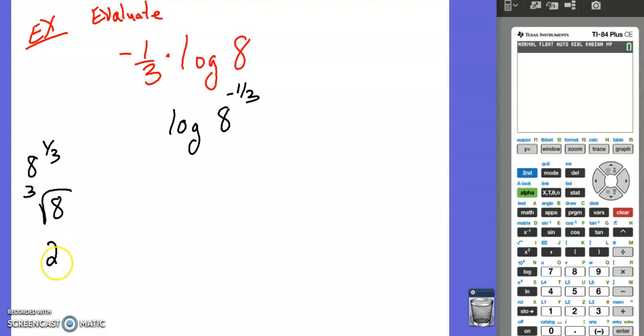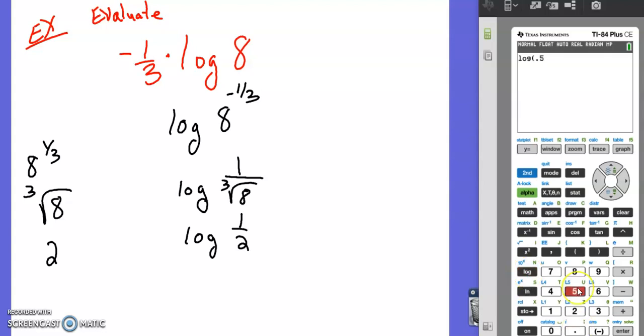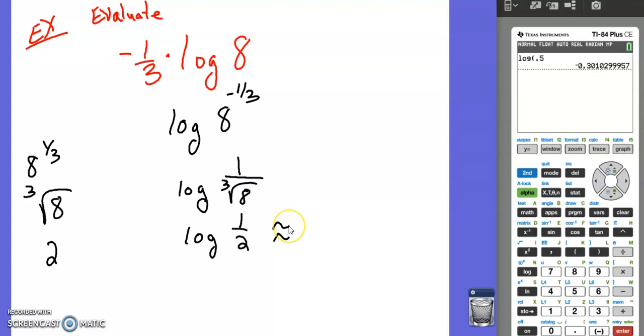The cube root of 8 is 2, so I literally flip that: 1 over the cube root of 8, which is log of 1/2. To evaluate that, we take log 0.5. And so this approximately equals, to 3 decimal places, negative 0.301.